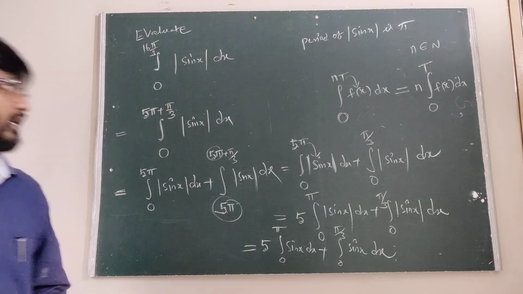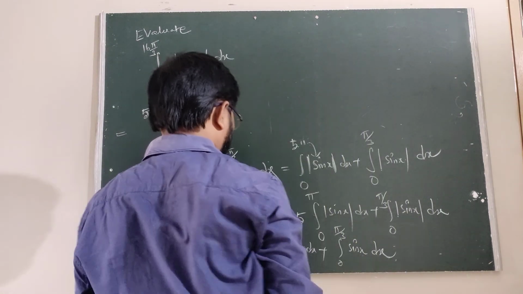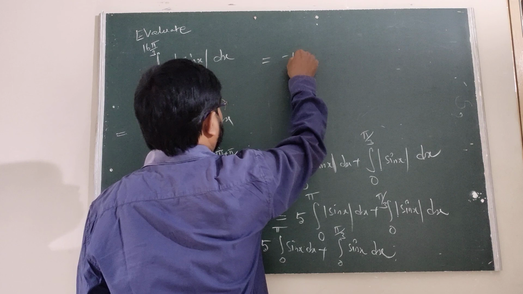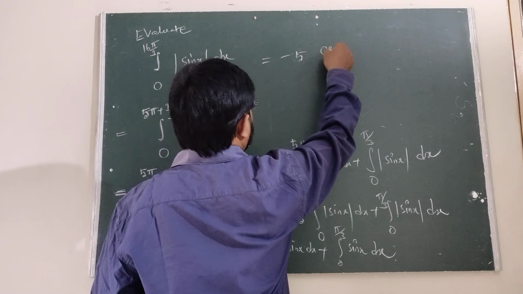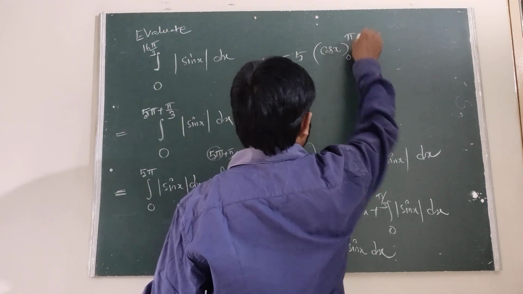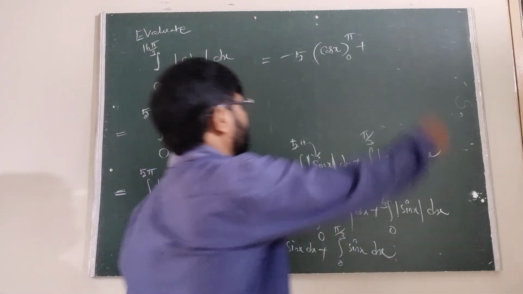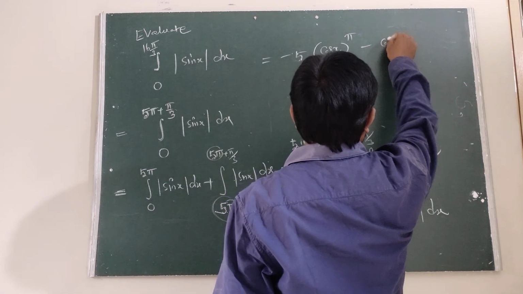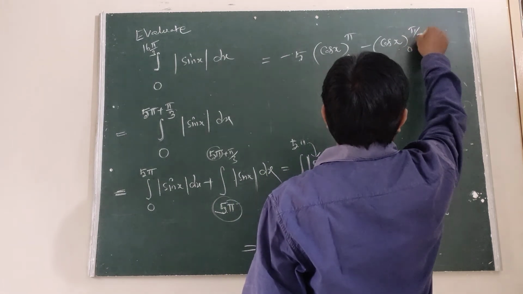The integral of sin x is minus cos x. So we write 5 times minus cos x from 0 to π, minus cos x from 0 to π/3.